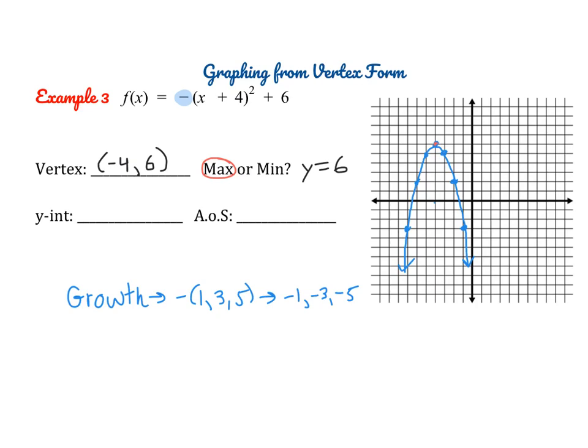Our y-intercept, again, we can find it by substituting x with 0. So here we can't just rely on this number because this is not in standard form. So we do need to plug it in. So we have to do f of 0. So we have negative (0 plus 4) squared plus 6.